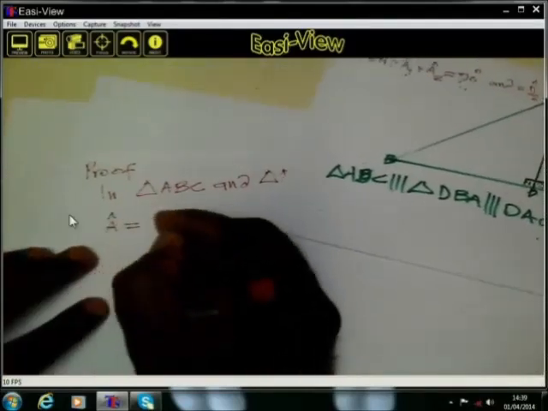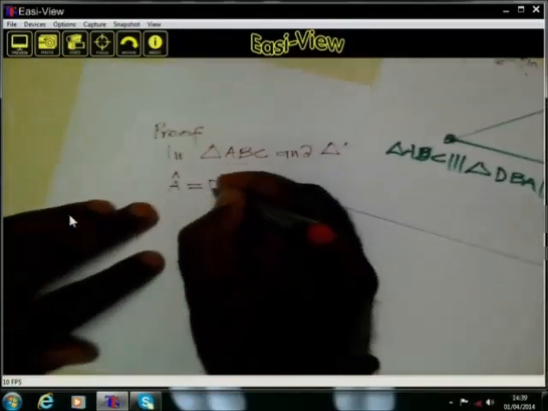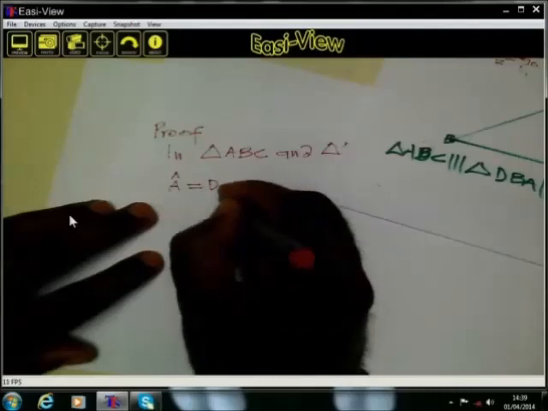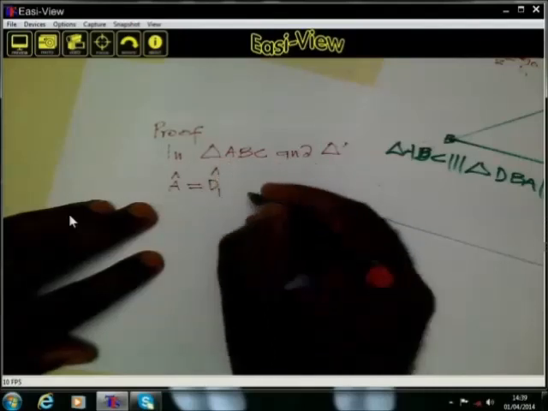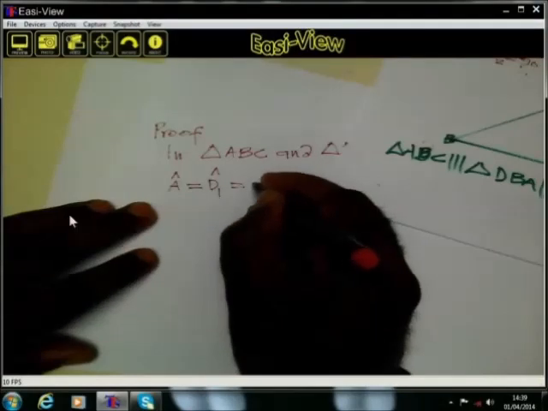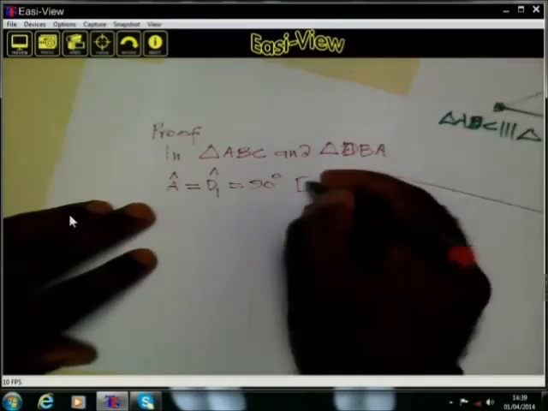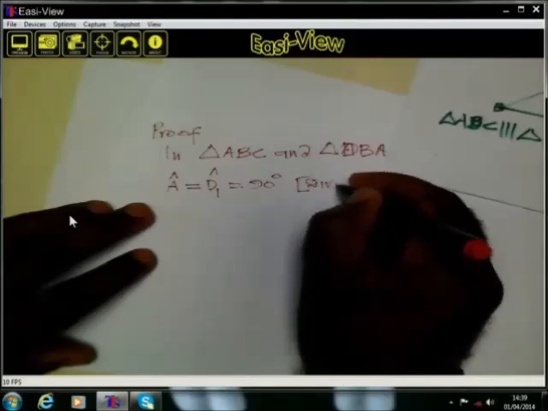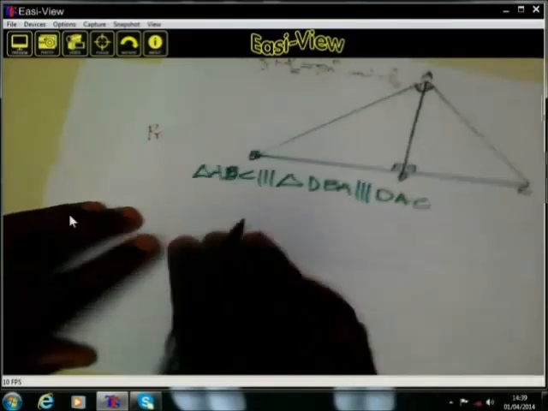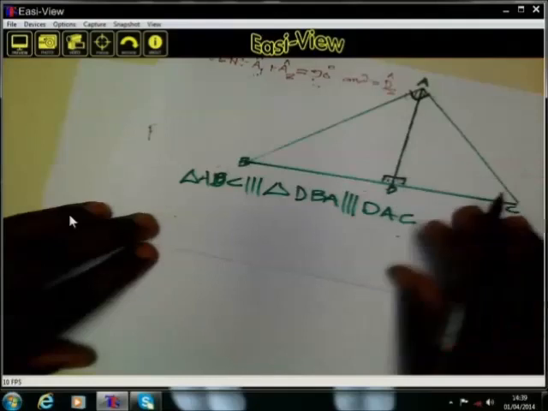So that is what we can write down: A is equal to D1. What is the reason? Both of them are equal to 90, and the reason there is it's given. Remember when we had that construction, it made this angle equal to 90.